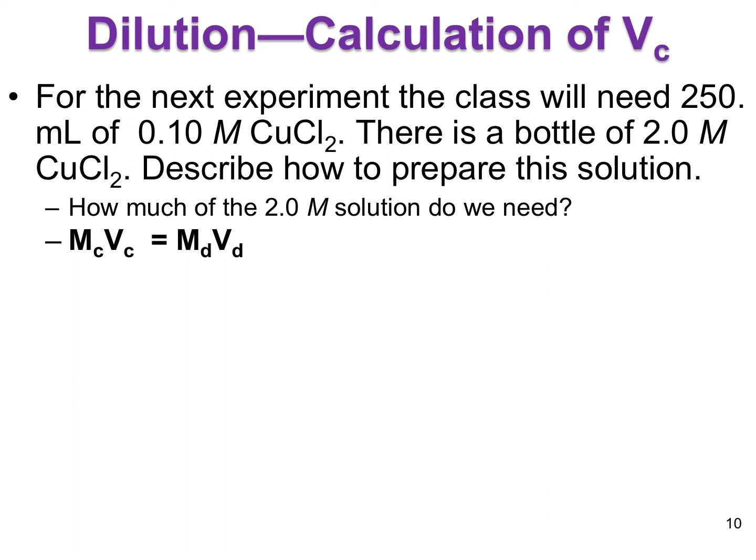250 milliliters of a 0.10 M copper(II) chloride solution is needed. There's a stock solution of 2.0 M available. Describe how this dilute solution is prepared. First, calculate the amount of the stock solution needed using M_C times V_C equals M_D times V_D.